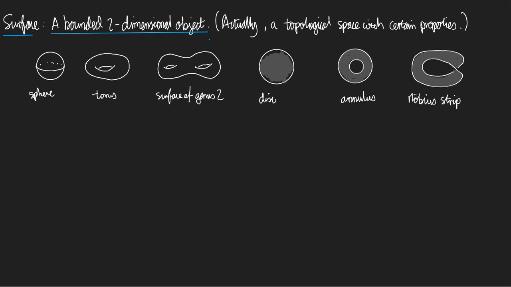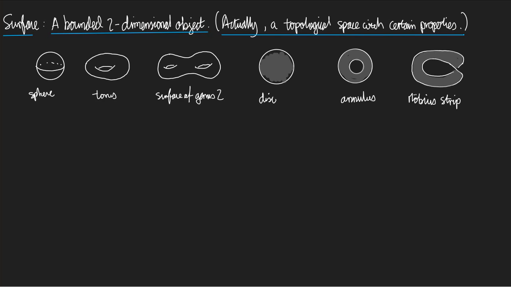Actually, it's a topological space with the property that every point has an open neighborhood homeomorphic to R2. So it's a space that's locally homeomorphic to the plane, and in our case, they're always going to be compact. That's what I was talking about there with the brackets. If you don't like the sound of that, then feel free not to think about it too much.